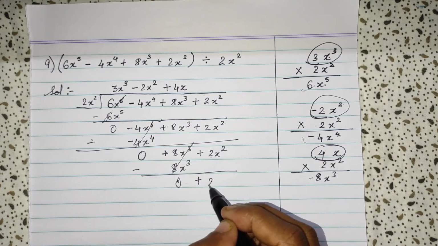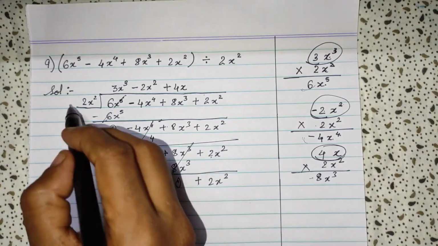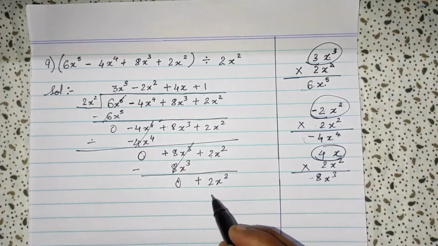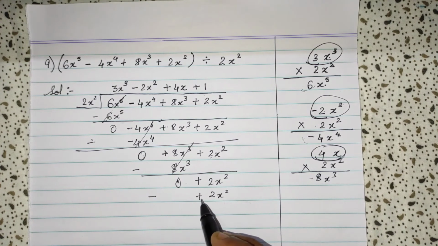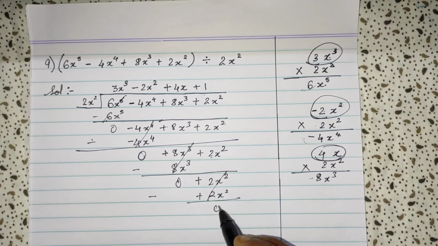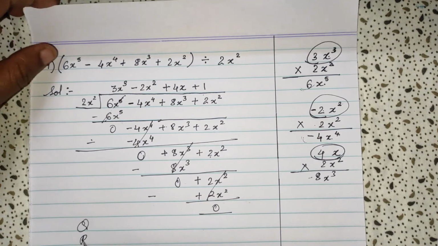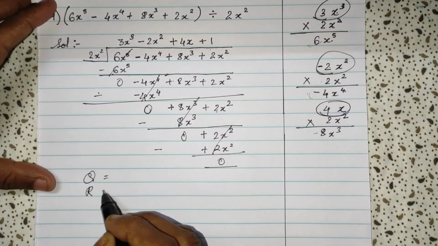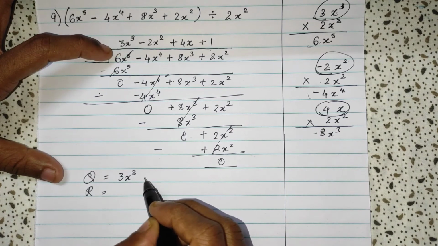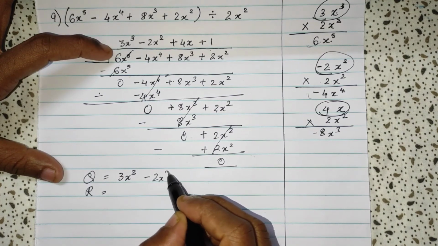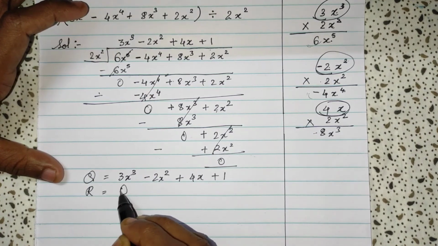Then 2x square. So 2x square, 2x square. So 2x square ones are 2x square. Minus into plus is minus, 0. So you have quotient and remainder. The quotient you have got is 3x cube minus 2x square plus 4x plus 1 and remainder 0.